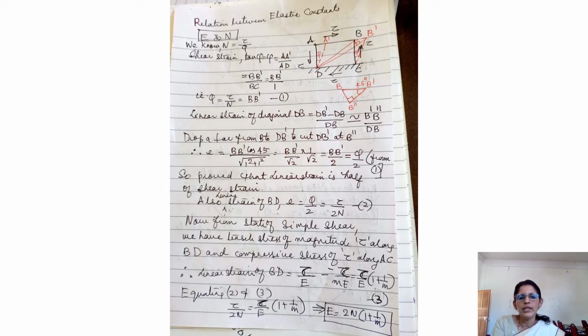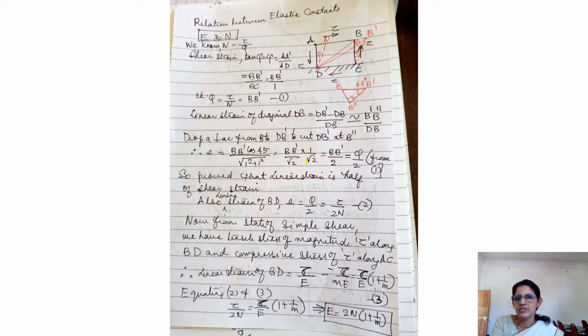So in this linear strain of BD you will have direct strain, that is along BD you have got tensile strain. So you get strain is equal to stress by Young's modulus. So stress is tau divided by capital E. In addition to this particular strain, you have got a strain in the direction perpendicular to that. So due to the stress along AC, there will be a lateral strain acting in the direction of BD.